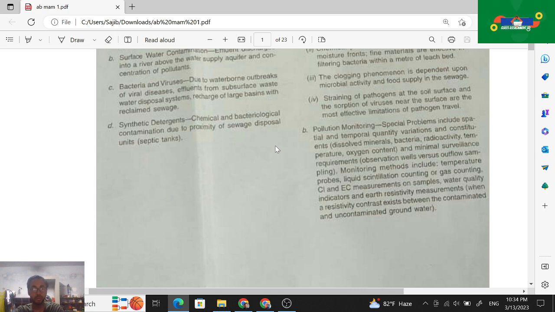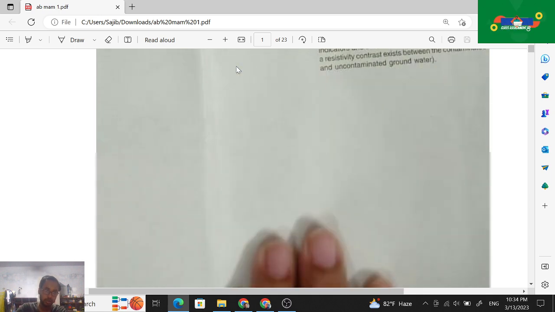Then measurements when a resistivity contrast exists between the contaminated and uncontaminated water in the groundwater.